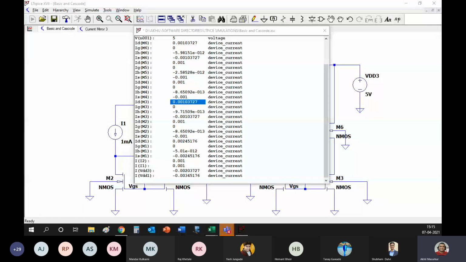Now those who have finished the first part, they should try to double the current in the mirror and see whether mirroring gets affected or not.